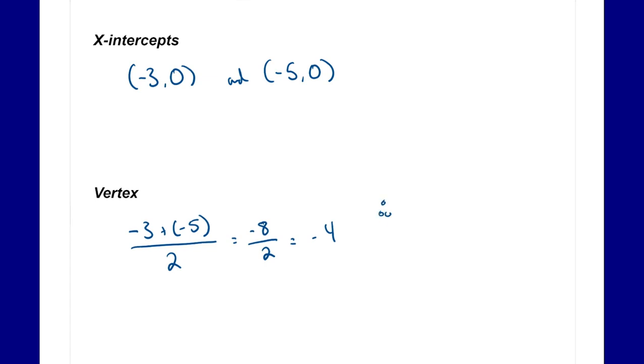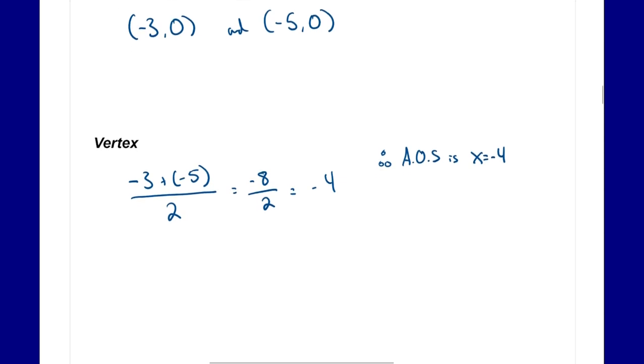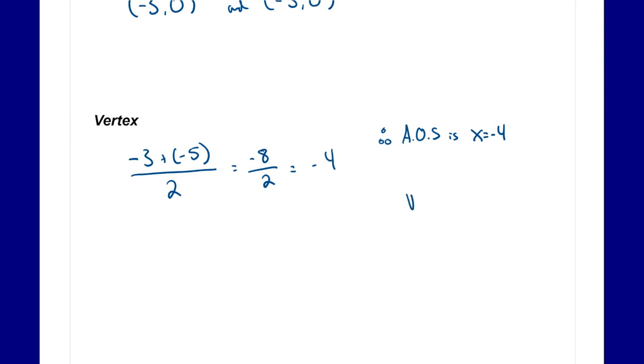Therefore, the axis of symmetry is x equals negative 4. When we looked at transformations, the x value for the axis of symmetry is also the x value of our vertex. So I know the vertex is going to be the point negative 4 and then something for y.